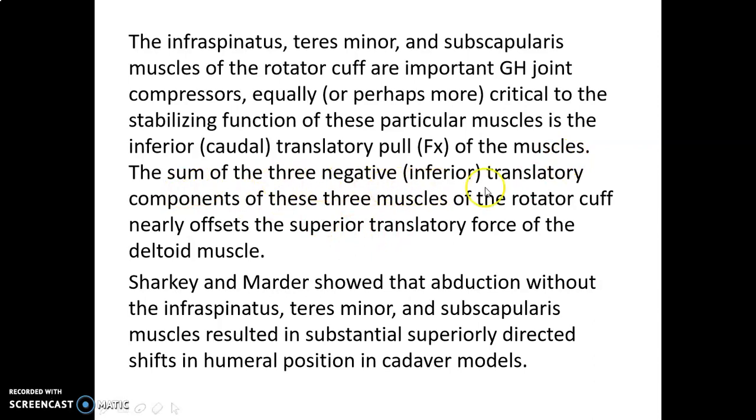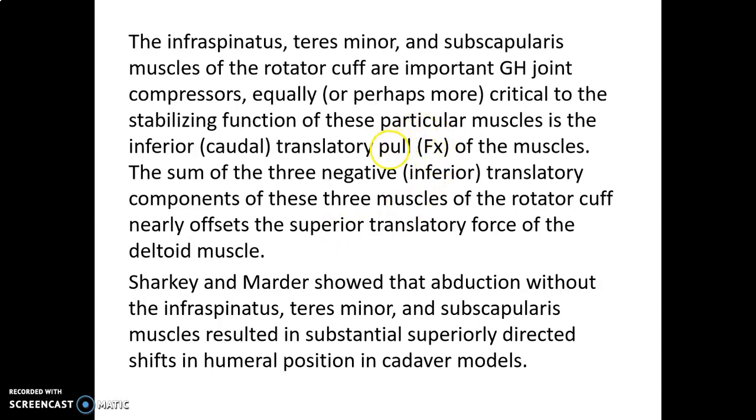The sum of the inferior translatory components of these three muscles of the rotator cuff nearly offsets the superior translatory force. We have to understand that the ITS, that is infraspinatus, teres minor, and subscapularis, with their resultant rotatory force vector, are offsetting the earlier discussed superior translatory force vector of the deltoid muscle.